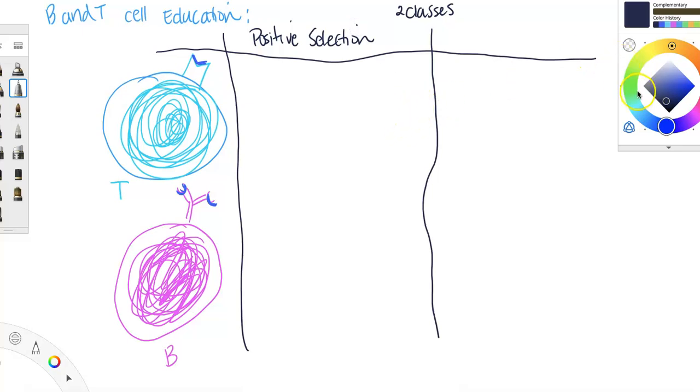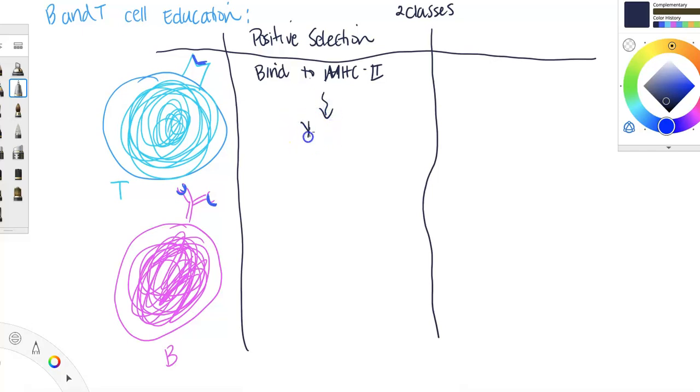And in positive selection, the cells have to show that they can bind to MHC2 platforms. Because you have to be able to bind MHC2 to be activated. And if you can't get activated, then you can't do anything. So they have to show that they can bind to MHC2.